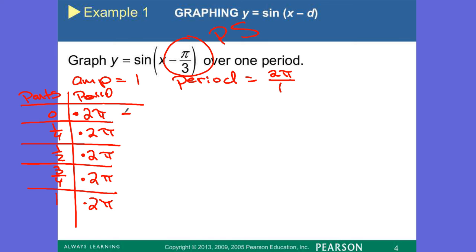All right, so the next piece is minus. This is always going to be a minus. Minus my phase shift. My phase shift is going to be what? Pi over 3. Negative pi over 3.